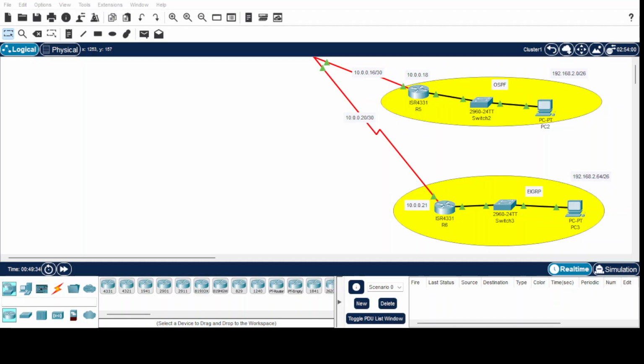So this configuration of the local routing protocol at each router is finished.